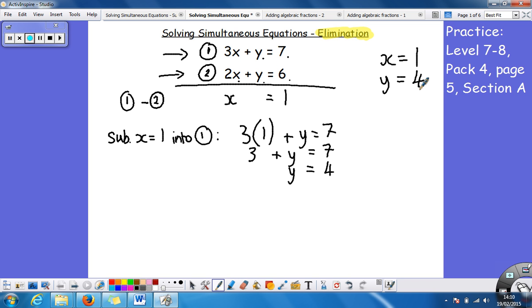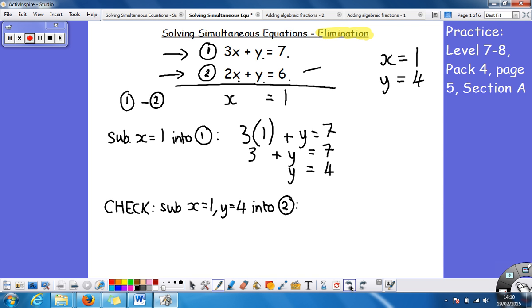Let's just check that our answer is correct though by substituting those values into the second equation. So I'm going to substitute x equals 1 and y equals 4 into equation 2. I should find that 2 of my x's plus 1 of my y's is equal to 6.